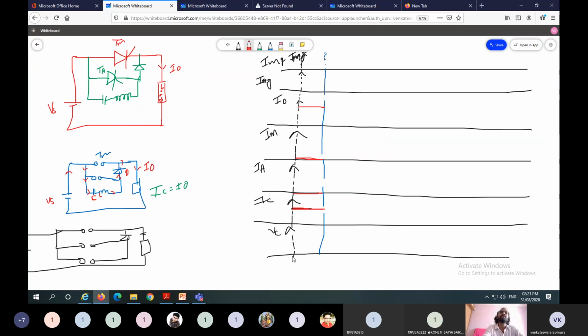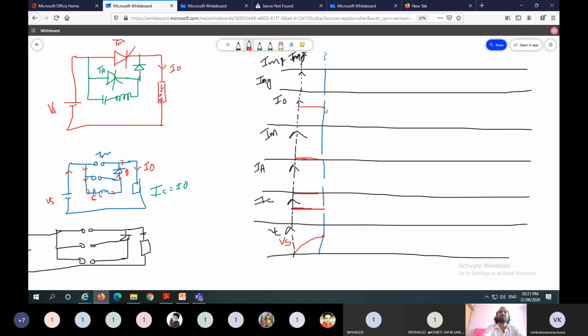Next, voltage across capacitor. Voltage across capacitor reaches to Vs, like this. So at this point, capacitor reaches maximum voltage.